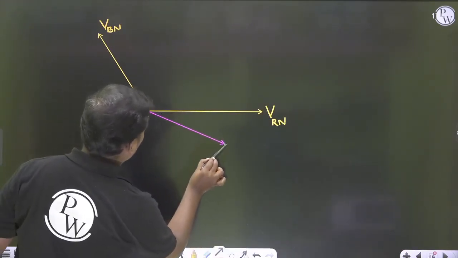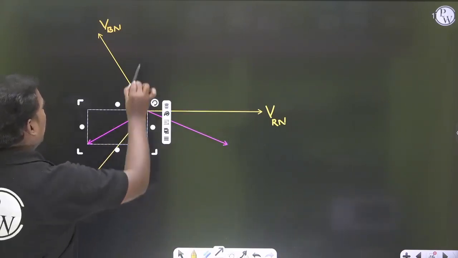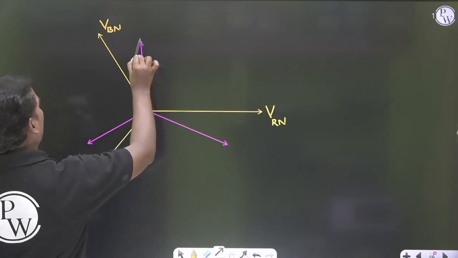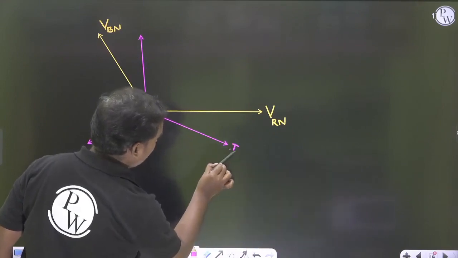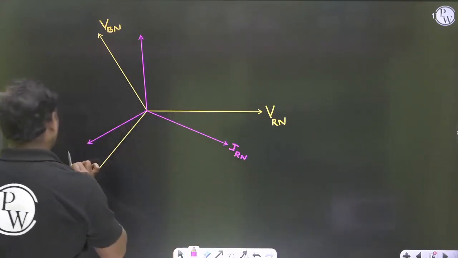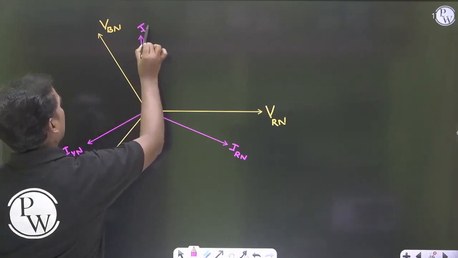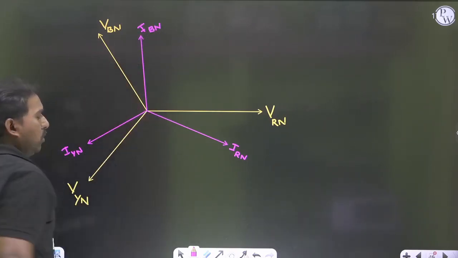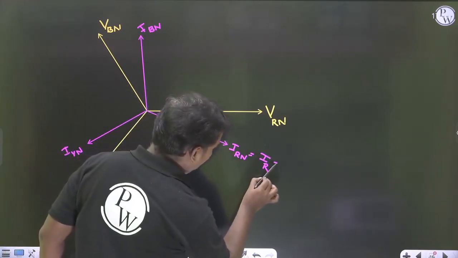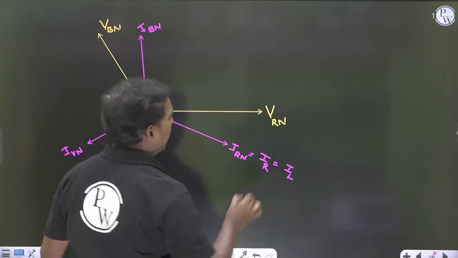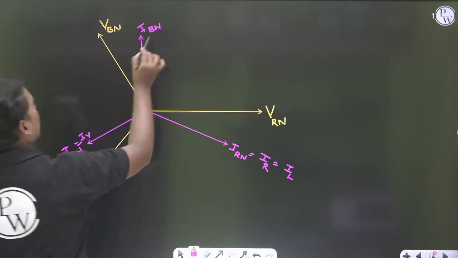This is the IRN, this is the IYN, and this is IBN. IRN is equal to IR, which is nothing but the line current, whereas this is the phase current. This is IY, this is IB.